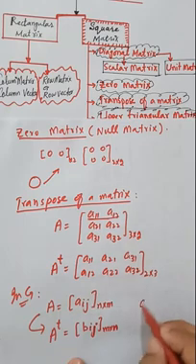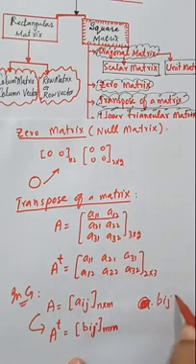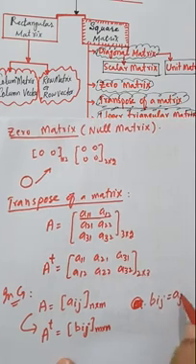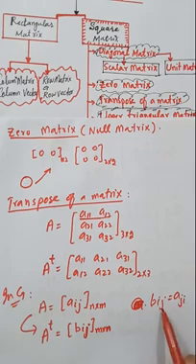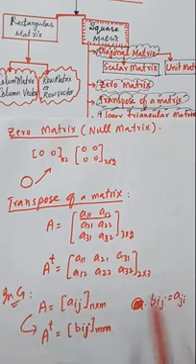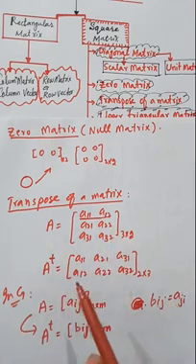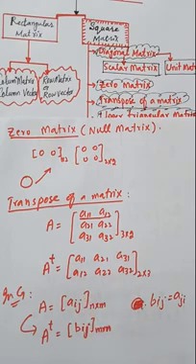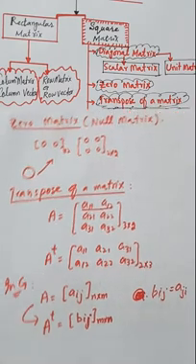So here Bij will be equal to Aji. So you see that the row is changed into column and column is changed into row. I already explained that the first subscript is for the row and the second is for the column. So in the case of the transpose, i will be changed into j and j will be changed into i, because in the definition of the transpose you are changing rows into columns and columns into rows. So this is the definition of a transpose of a matrix.